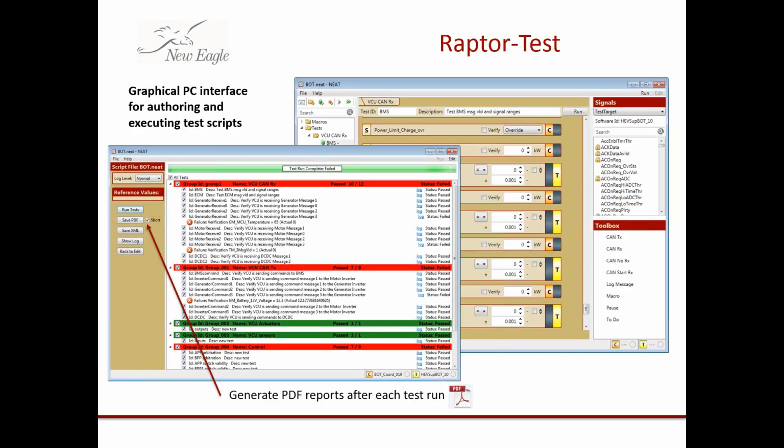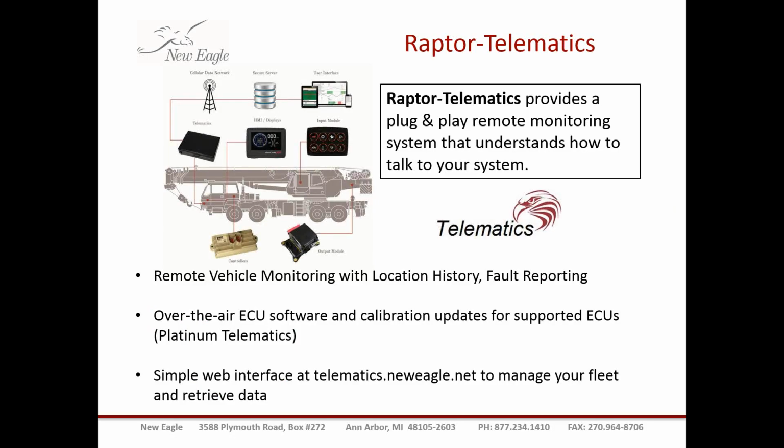Thanks. So moving on, after you've validated your system with Raptor Test, there's Raptor Telematics, a plug-and-play remote monitoring system. It knows how to talk to the modules that we support. We've built it to plug into a system that has been built with the rest of the components we offer.